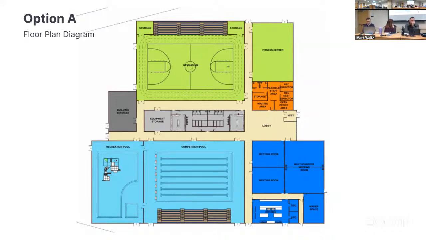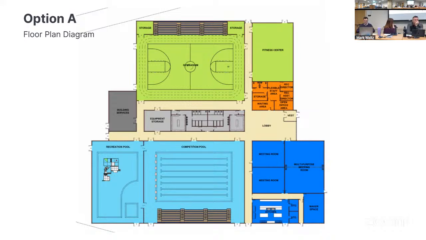There's a lot of interest in that. So that's shown as a kitchen with a couple of pieces of equipment in the bottom right-hand corner of the plan itself. You can see a competition pool is shown with lanes and some seating, and then a recreation pool is shown as well. So this is the start of what a floor plan might look like.